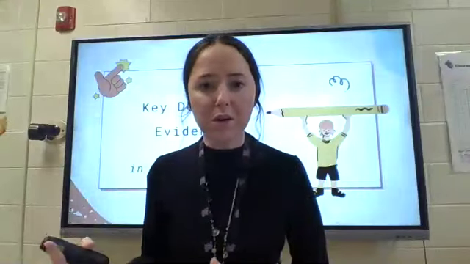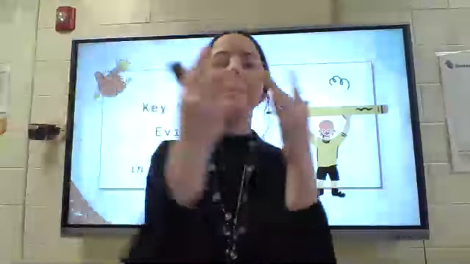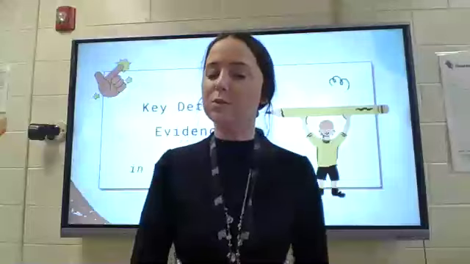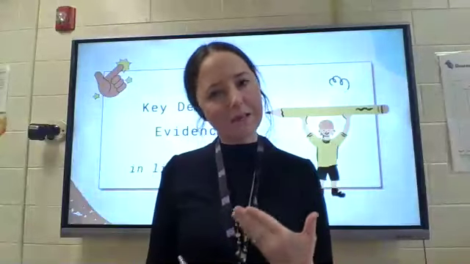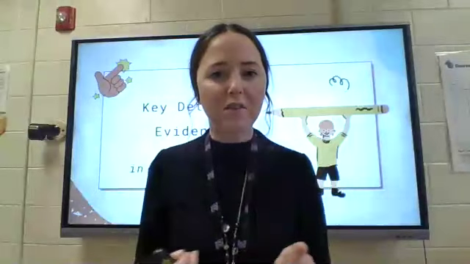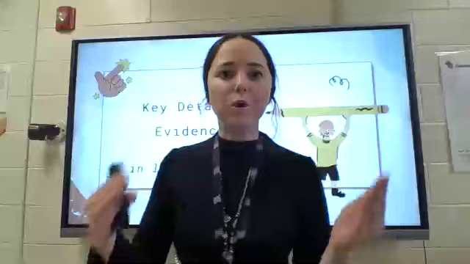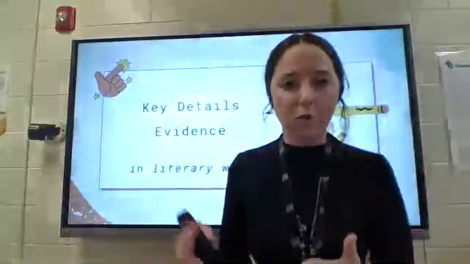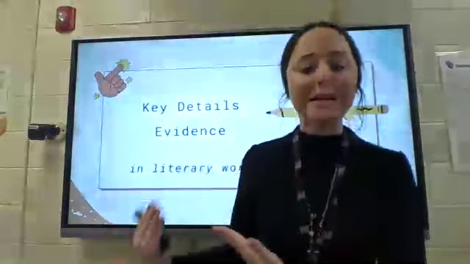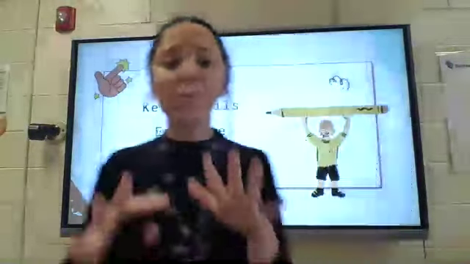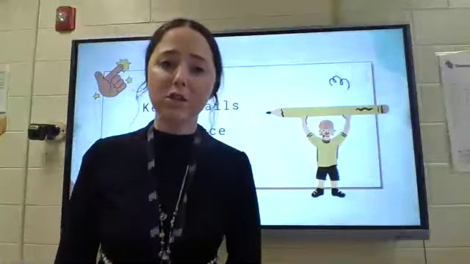But expository techniques also find their way into narrative pieces. We are going to be reading a narrative piece today, one that is more on the narrative side of reading. And we are going to find a few expository technique words like key details and evidence. So let's talk about that first before we get into our reading for today.